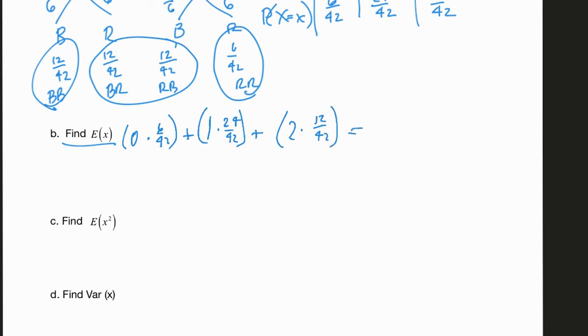Again, handy dandy calculator, be able to do this both as a fraction and as a decimal approximation. Now for the expected value of x squared, instead of these numbers being what they were, you have to square them. Now again, in two of those cases, it doesn't change it, but in other examples, it will.